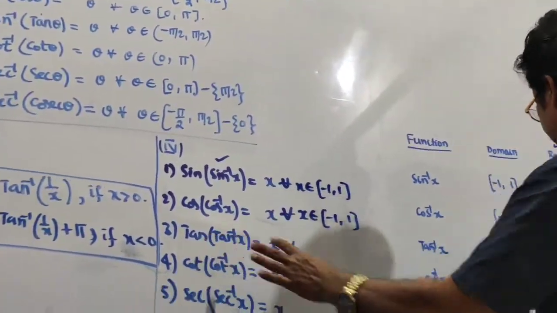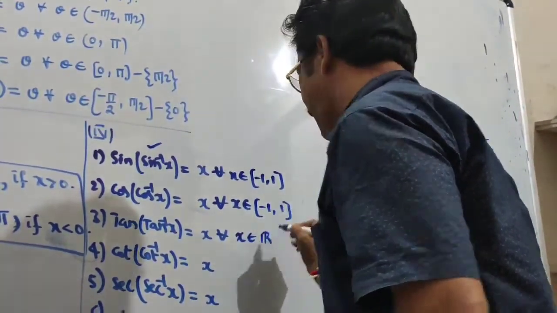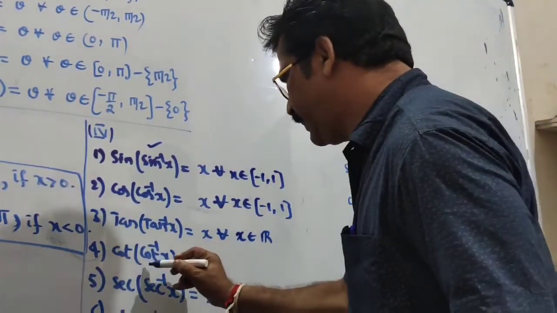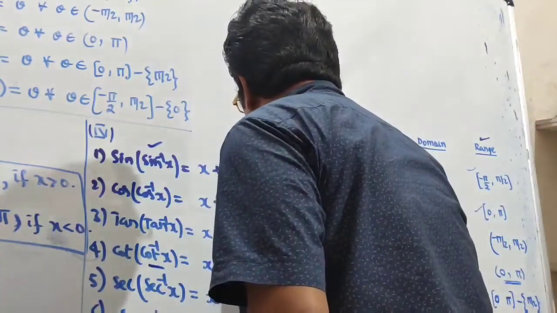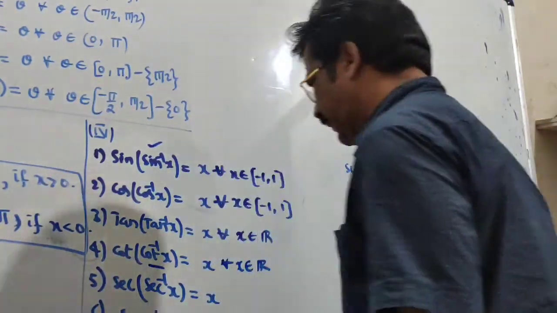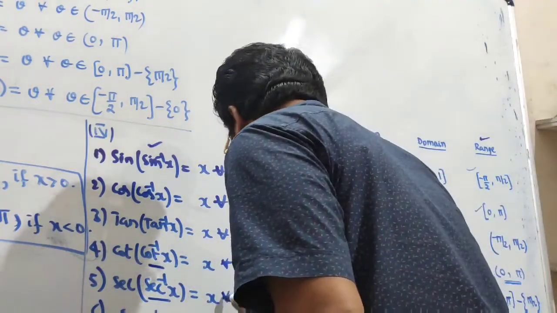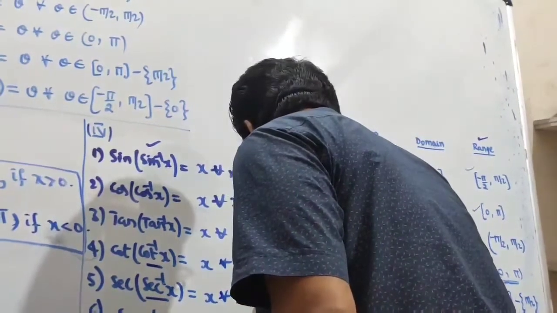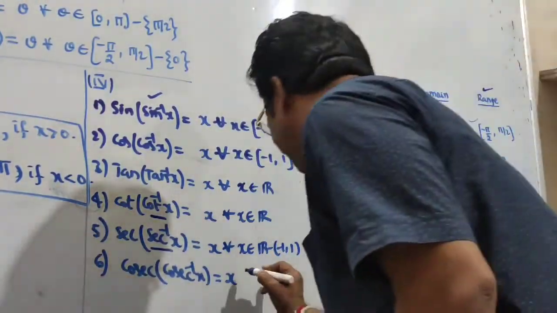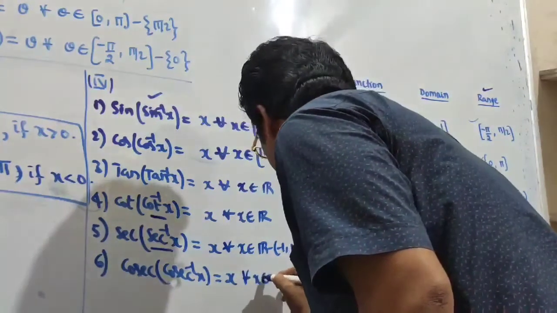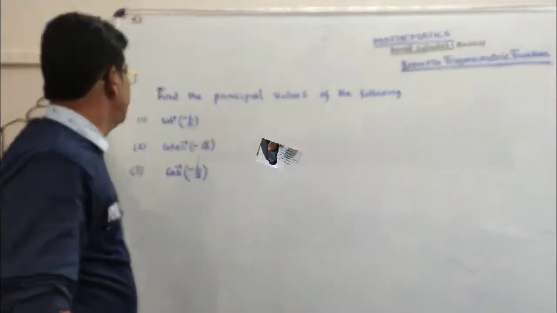Capital R, for all x belongs to capital R. Next, what is the domain of cot inverse x? Capital R, for all x belongs to capital R. What is the domain of secant inverse x? For all x belongs to capital R minus the open interval of minus 1 comma 1. Next, for all x belongs to cosecant inverse, the same.